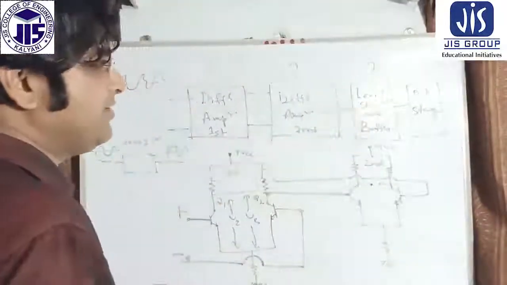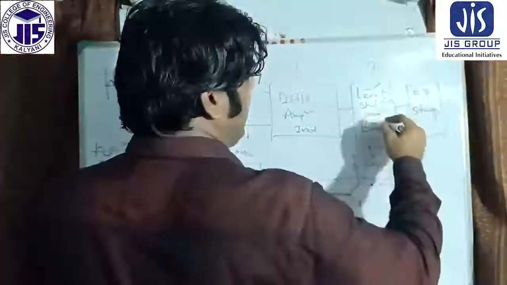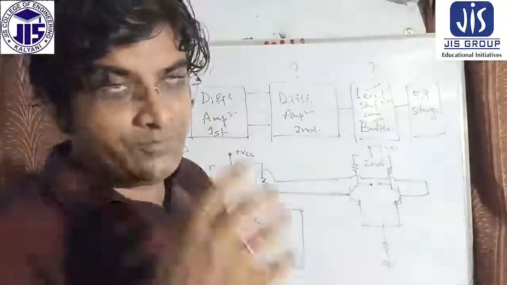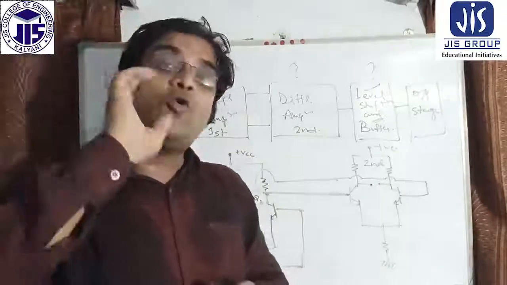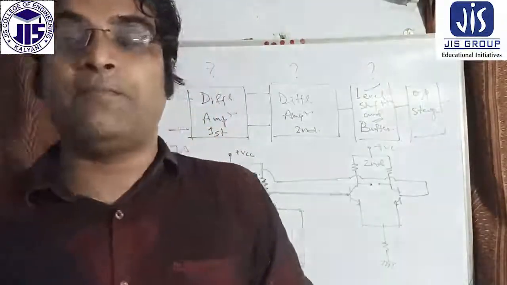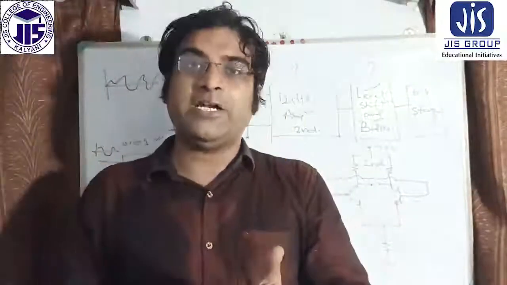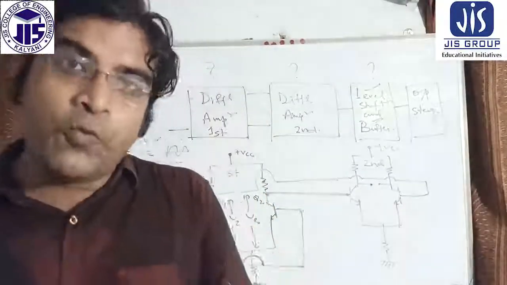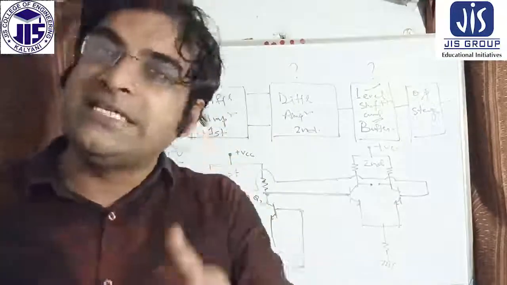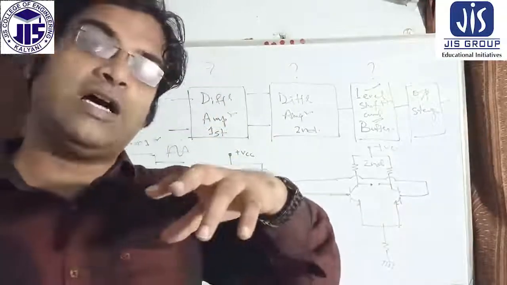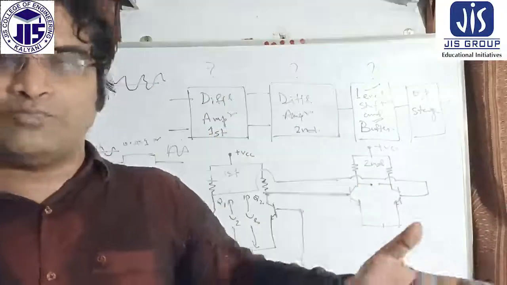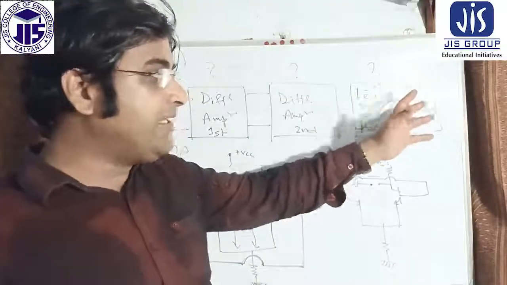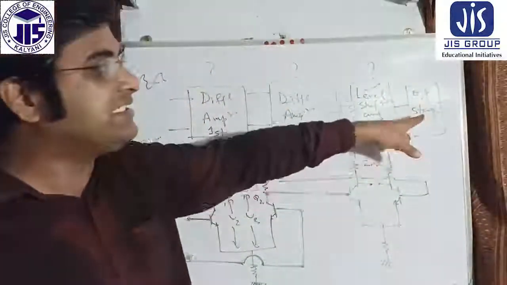Between the input and output terminals, the matching is done by the buffer, which is very mandatory. The level shifter, then the buffer, and then the output stage are also very important. The output stage determines how much of the output of the operational amplifier can be utilized productively.